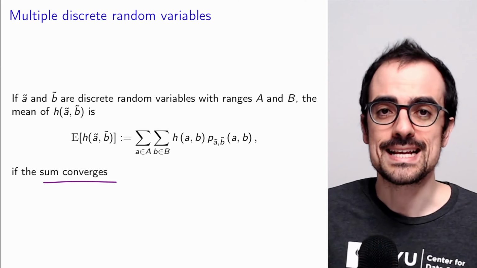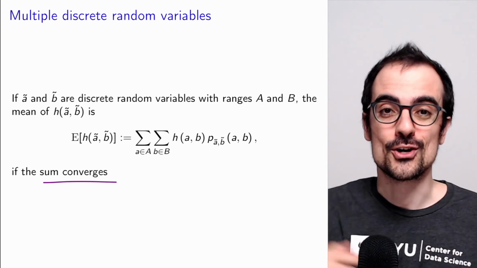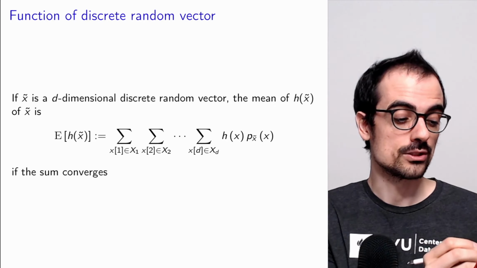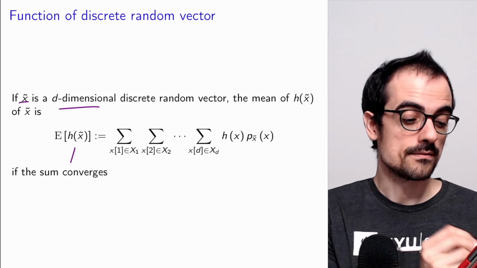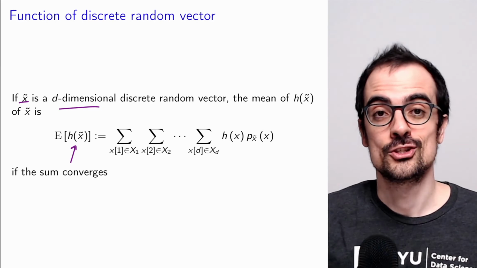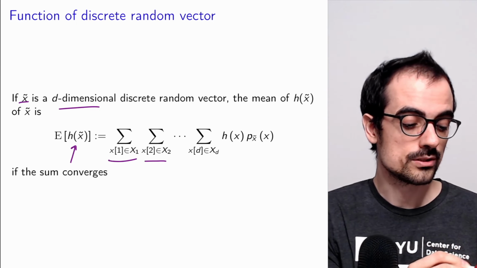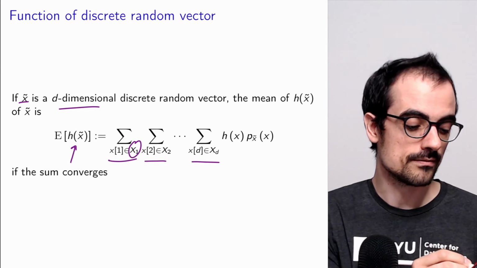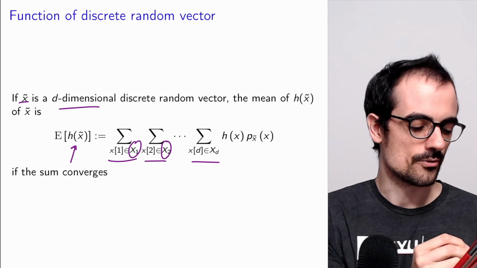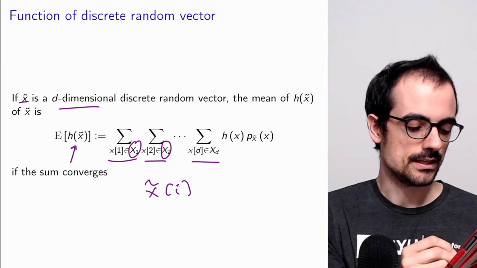We can apply exactly the same reasoning to any number of random variables, or to the entries of a random vector. Here we have a d-dimensional random vector and a certain function that goes from d values to a single one. The mean of that function can be obtained by summing over the range. The range of each of the entries of the random vector is denoted by a set x; just to be clear, the range of the ith entry is denoted by xi.